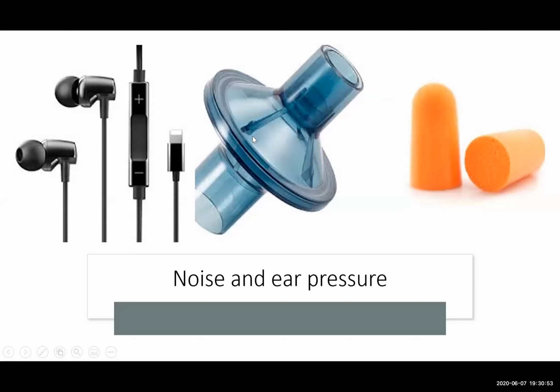However, we recommend against using this routinely because of the severe shortage we're facing right now. And with our experience using the ventilator, the sound has not been a big issue because it's coming through the ventilator and not through the noisy Venturi system.